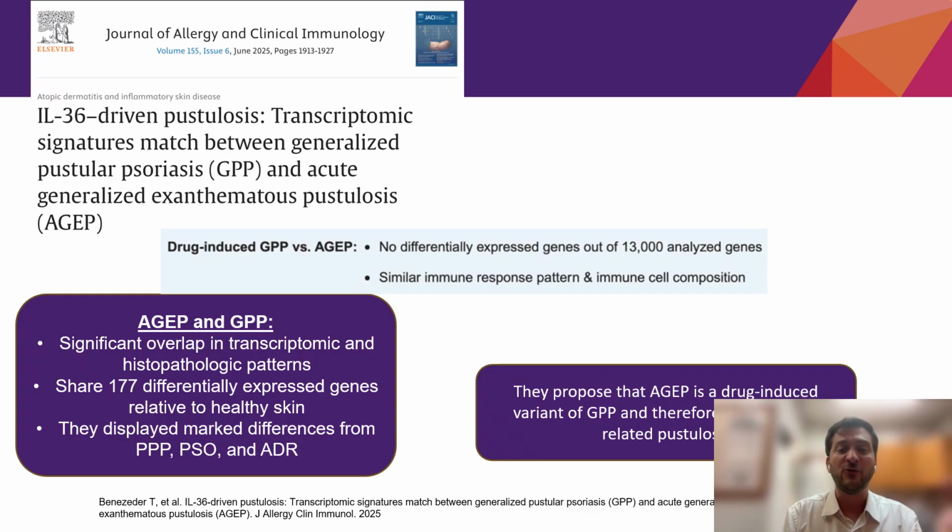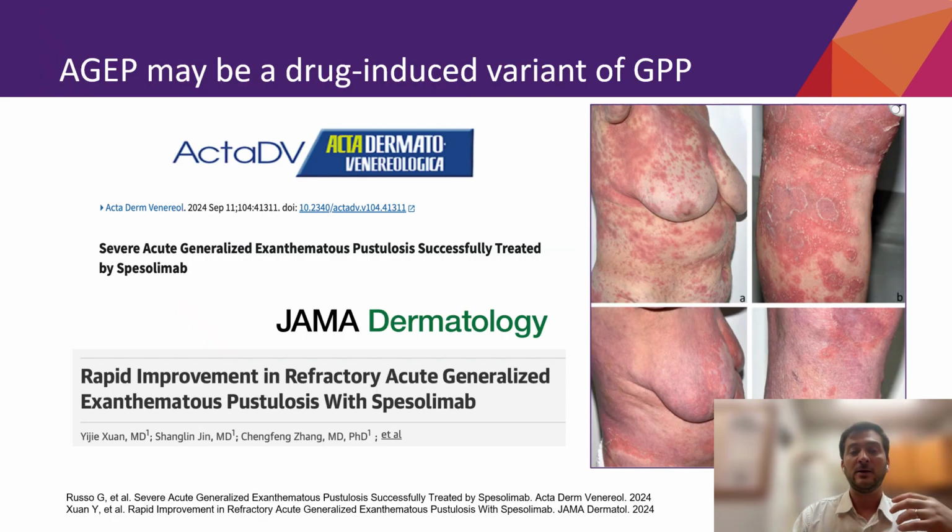And to reinforce that way of thinking, we have recent case reports of patients with AGEP that were successfully treated with spesolimab. So it reinforced that they are the same disease.